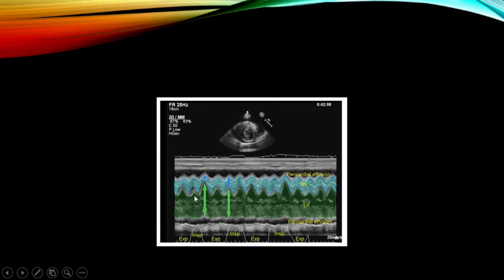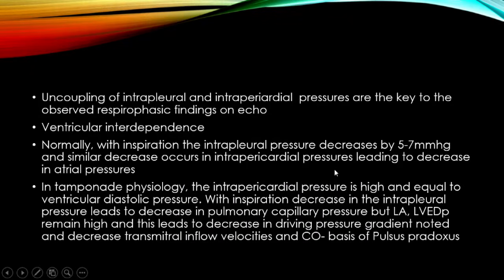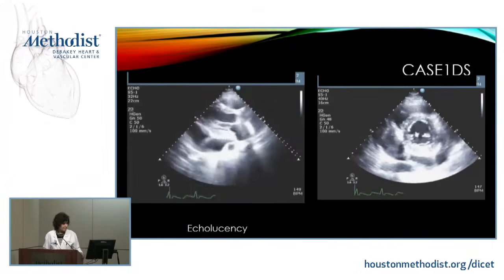During expiration, you're seeing the LV volume increase, and after inspiration, you're seeing it decrease, and you're seeing reciprocal changes in the RV volume. As I mentioned again, this is what I already talked about.